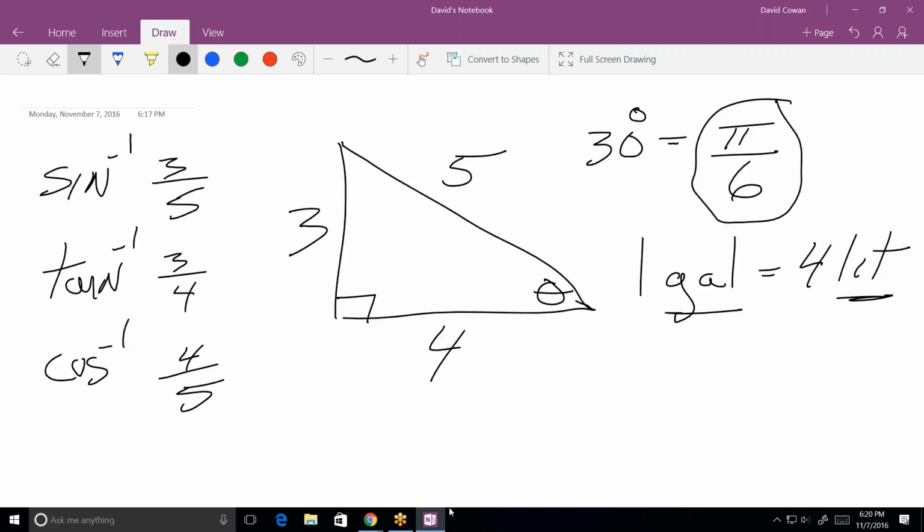You can certainly convert degrees to radians using a conversion factor, pi over 180 or 180 over pi. But the fact of the matter is they aren't really the same thing. And when you get to calculus, they're not the same thing at all. You have to do it in radians.